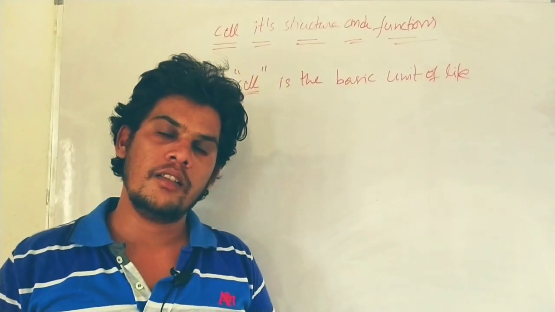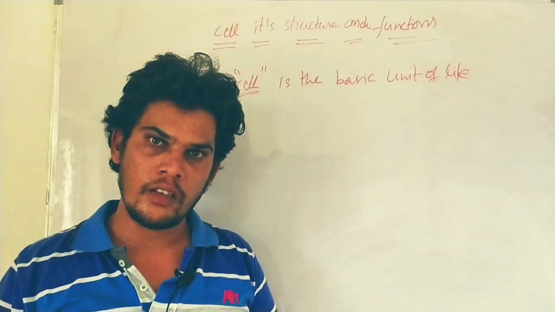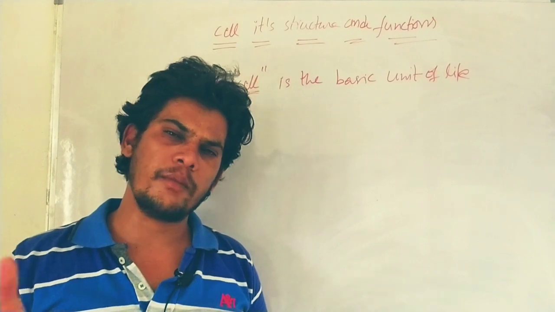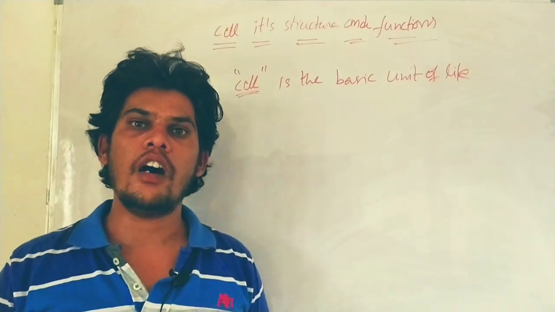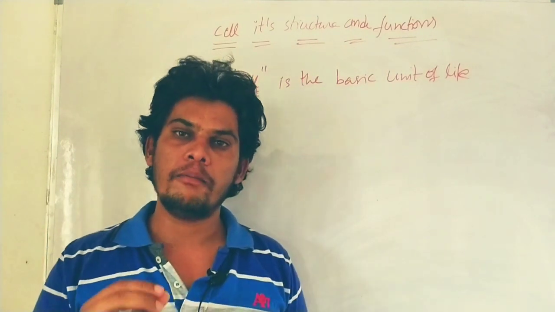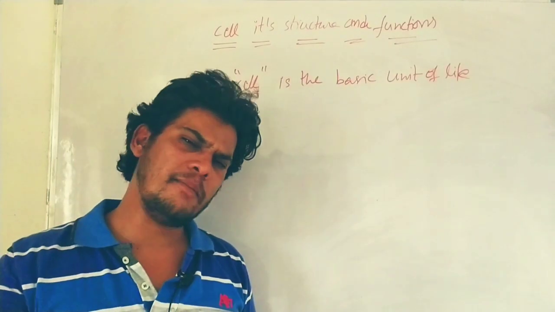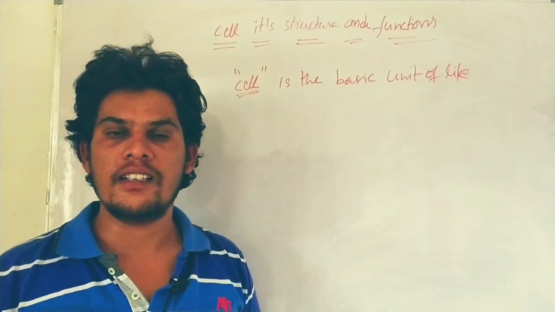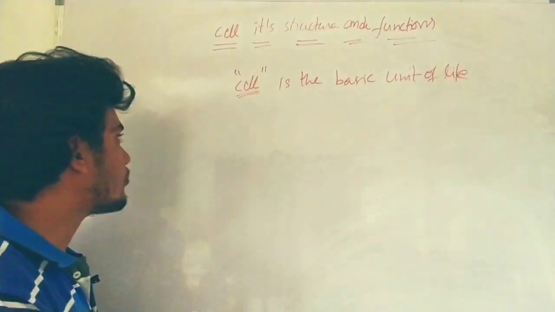Because all the creatures on the earth, from small microorganisms like an ant and some invisible things to very huge animals like an elephant, are composed of cells. So it is the basic unit. You cannot imagine any organism on the earth without a cell. Cell is the basic unit for all life processes.